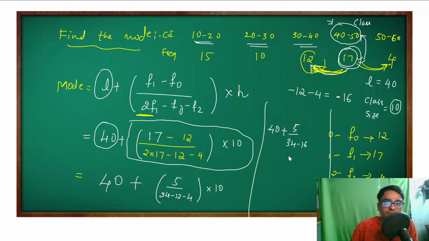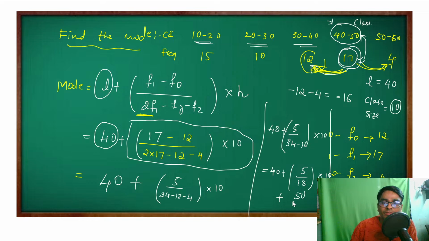Integer rule. 34 minus 16 into 10 again here. Don't touch 40, keep it as it is. 5 divided by 34 minus 16. Is it 18? Yes. Into 10. Now 5 into 10, 50. 50 by 18.